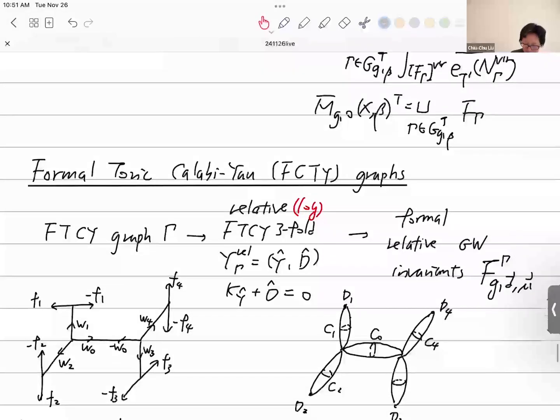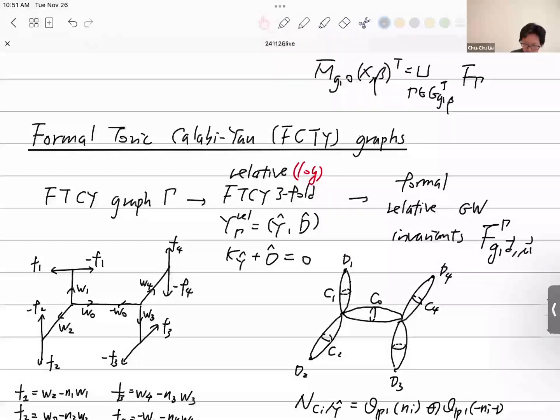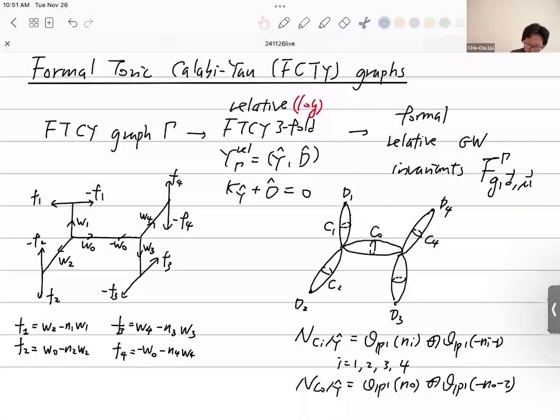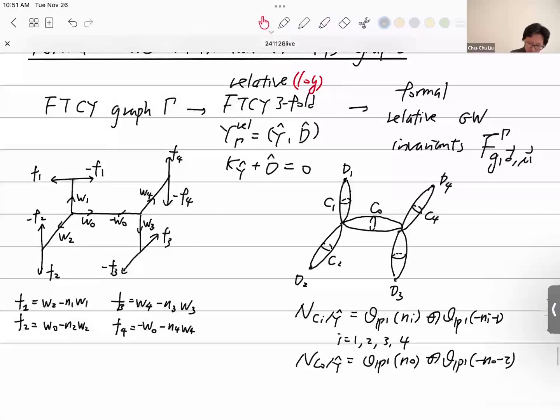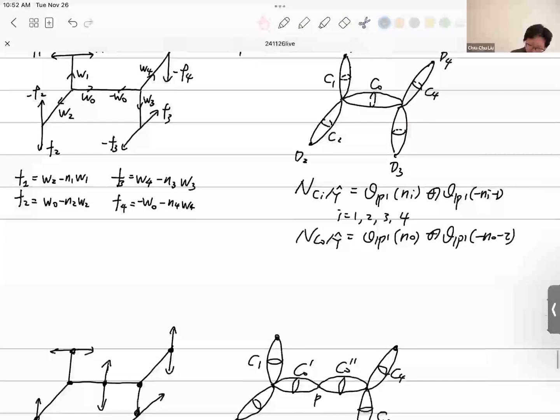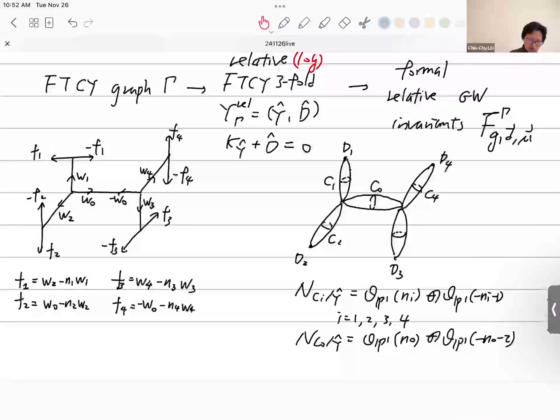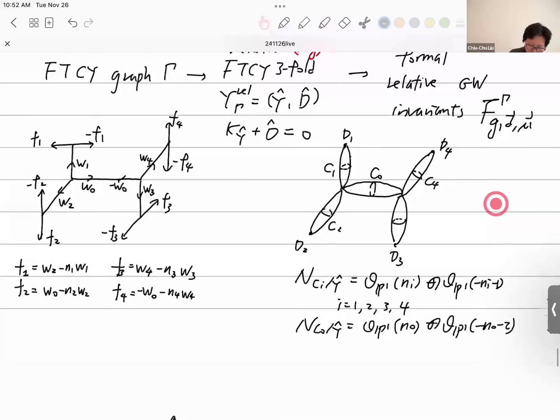We call them formal relative Gromov-Witten invariants. We need to specify the degree, and we also need to specify the ramification pattern. So that's one generalization: we add these divisors, which correspond to the Lagrangian boundary condition.